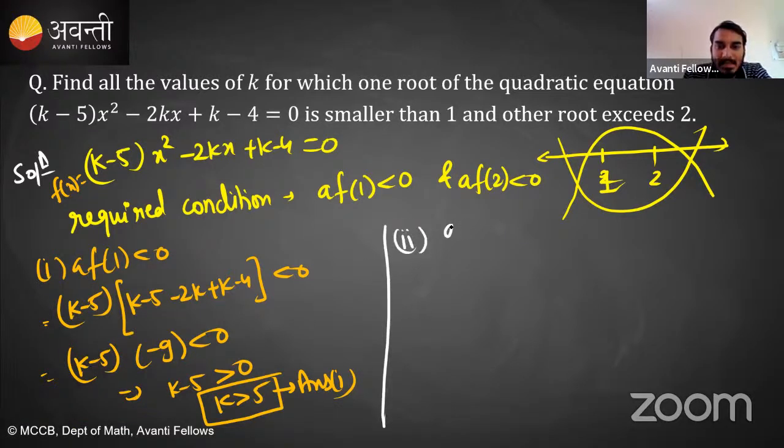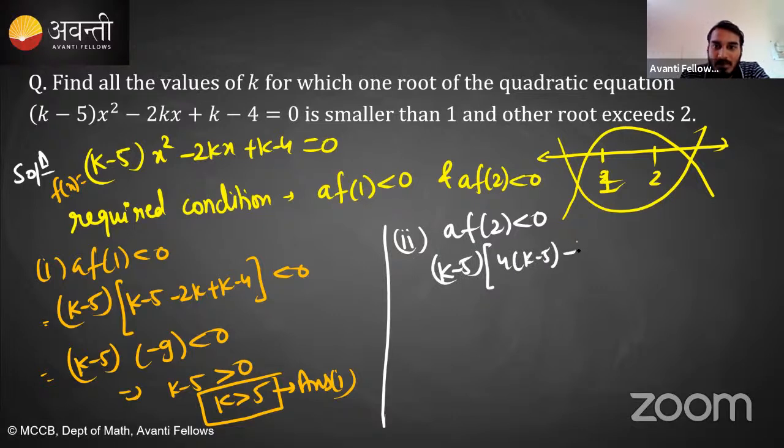So what is the second? The second case is that a into f of 2 less than 0. Yes or no? What is a? Leading coefficient. What is f of 2? Put x is equal to 2. So it becomes 4 into k minus 5 minus 4k plus k minus 4 less than 0.